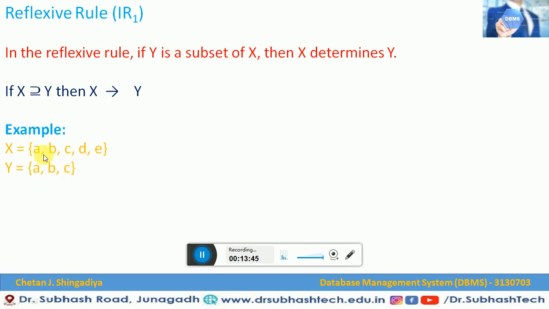The following dependencies are also trivial: A determines A and B determines B. Let us understand with an example.